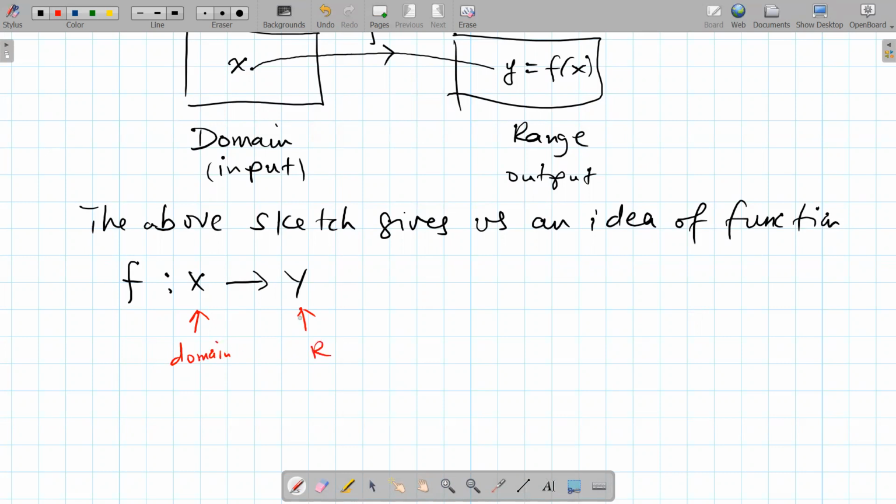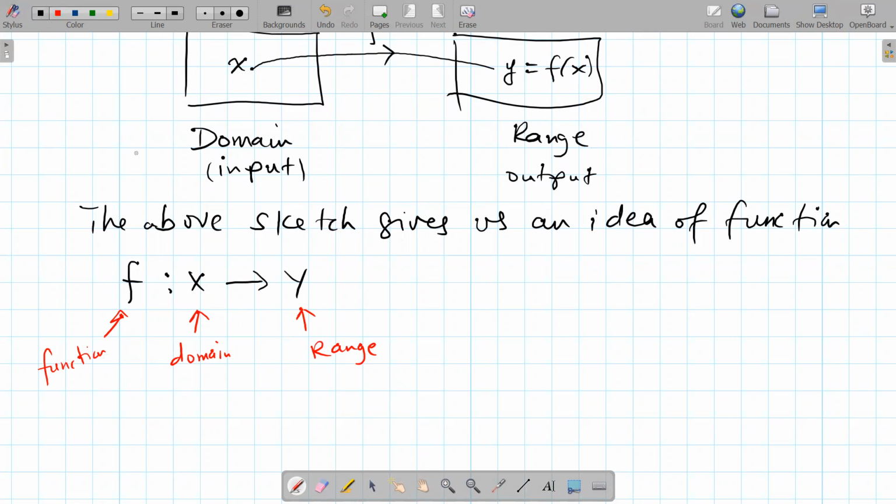And that is your range. And this is just a function, or that process that links the X to the Y.